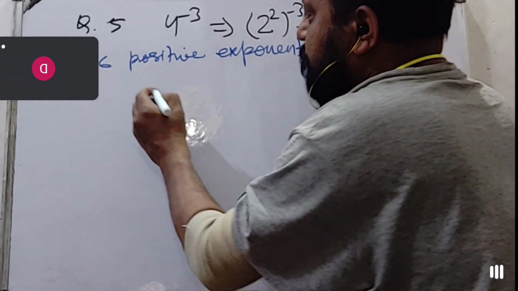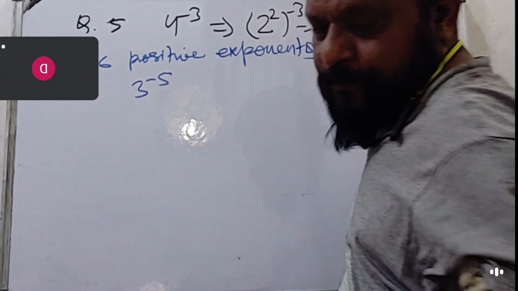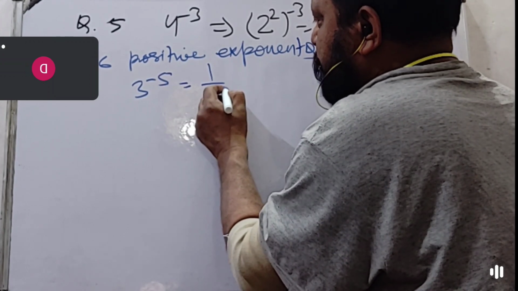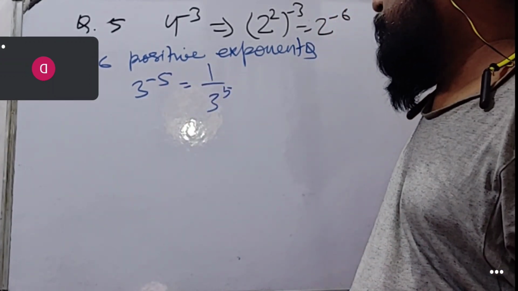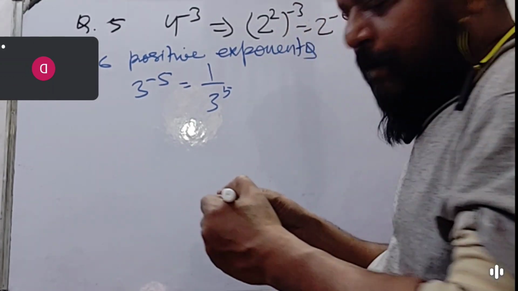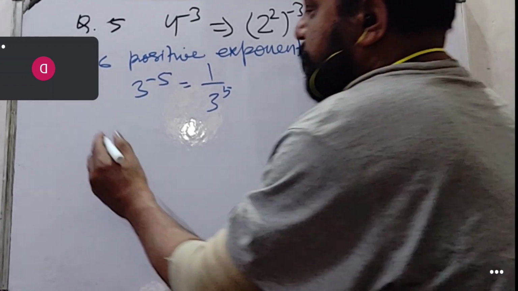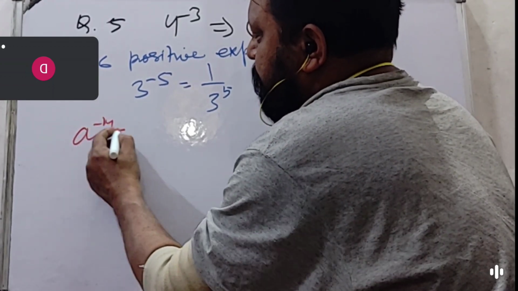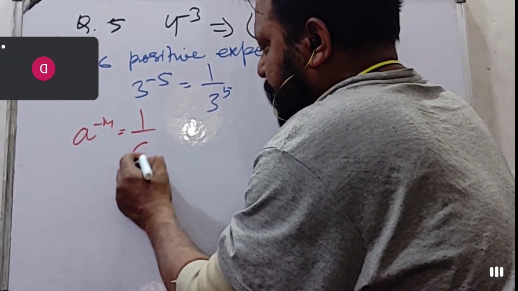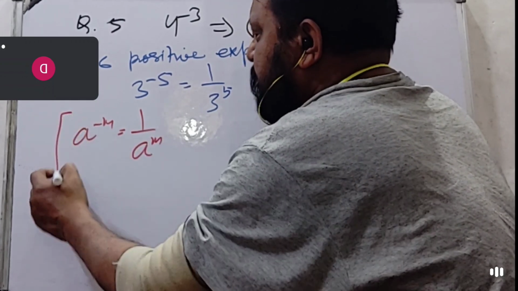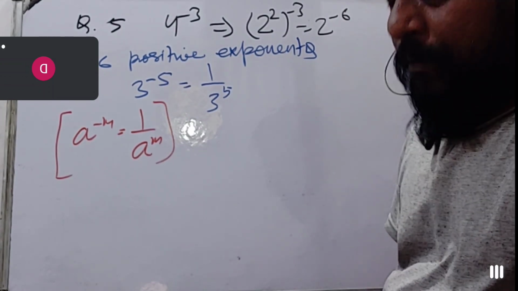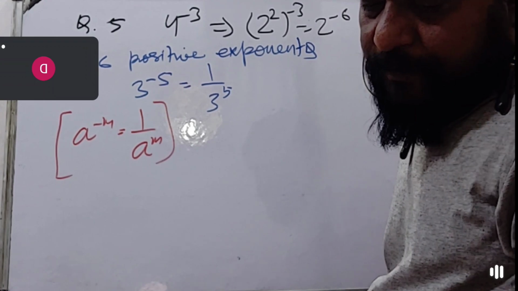So how you will go, 3 raised to the power minus 5 is equal to 1 upon 3 raised to the power 5, right? As we have the identity that a raised to the power minus m is equal to 1 upon a raised to the power m. So like this it is 1 upon 3 raised to the power 5.